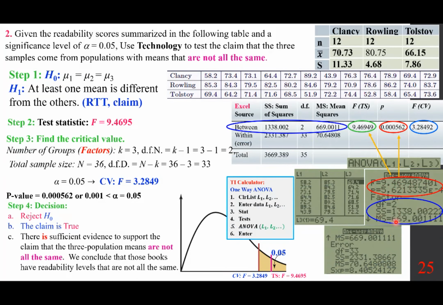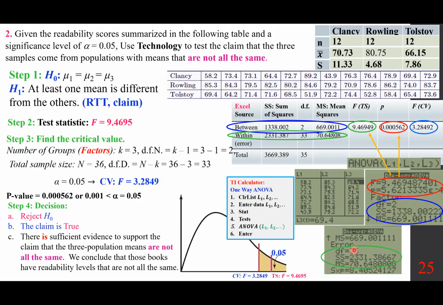Notice these numbers are calculated here. The sum of squares in between and the mean square, in essence, the standard deviation. So similar calculations for in between. And then we have the within numbers also calculated here.